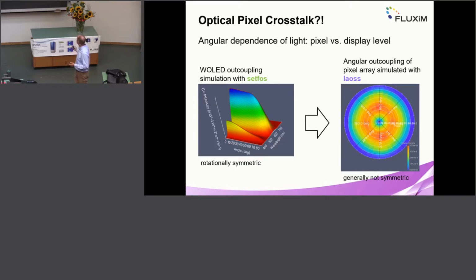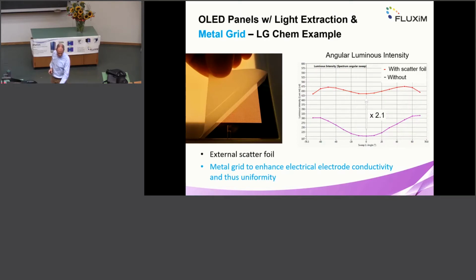And you can see that it's not purely rotationally symmetric, there can be some pattern in the far field as well. And finally, you can imagine that now that we will soon release the optical module, we can also couple that to the other modules, the electrical and thermal modules.